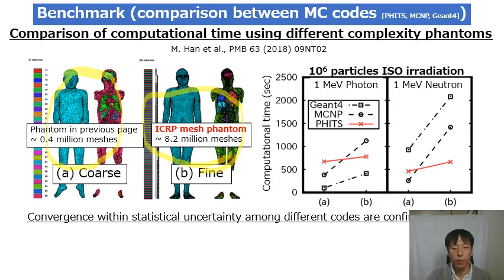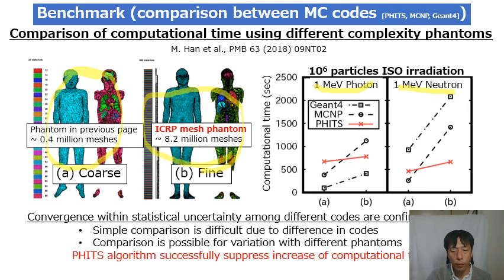This figure shows a comparison of the computation time for photon irradiation and neutron irradiation. Simple comparison is difficult due to differences in codes, such as cutoff parameters, but it is still possible to compare the variation with different phantoms.